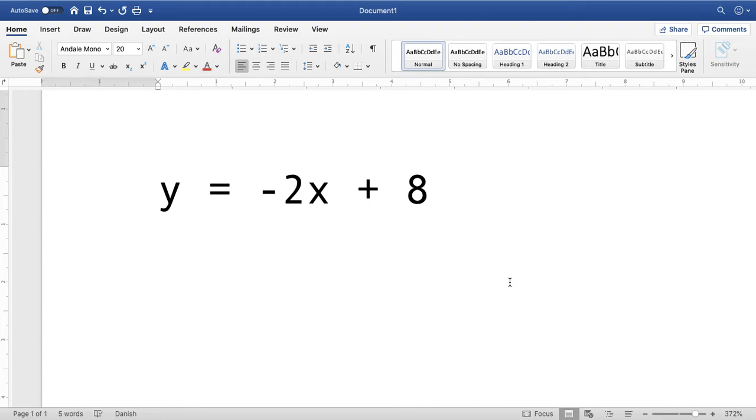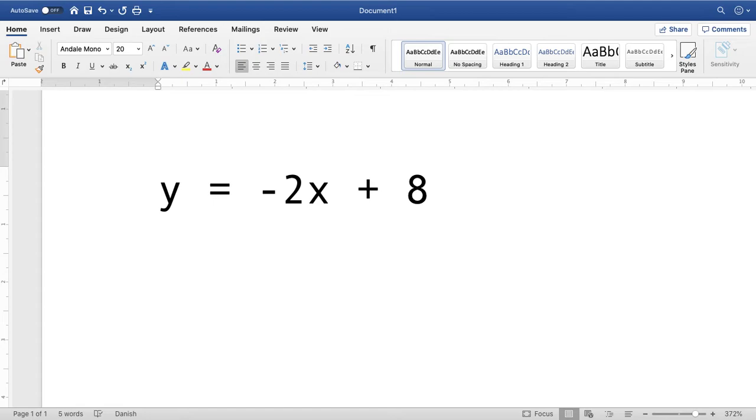Okay, so we figured out that the equation of that line could be written as y equals -2x plus 8, but from the list of equations on MyIMaths, they had the x and the y on the same side. So let's rearrange this a little bit so that the x and the y are on the same side. I'm going to add 2x to both sides.